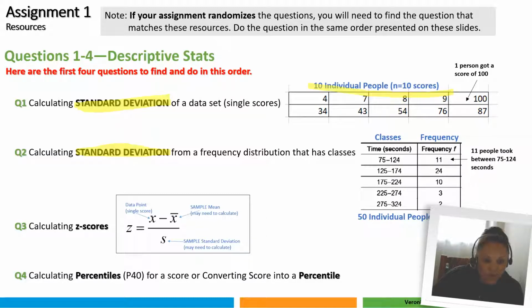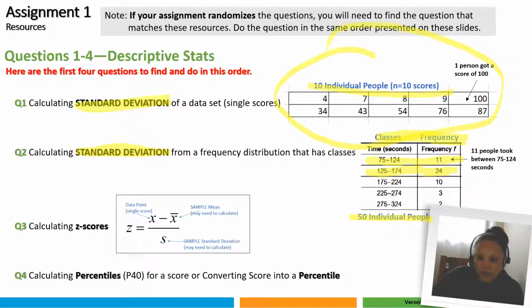Over here, notice here I've got classes and a frequency distribution. Okay, so there were 11 people who fell between 75 and 124, right? 24 people who fell between 125 and 174. So in total, there were 50 people in this study where we collected their times. So you see that the data is very different. This one is just a set of individual scores.